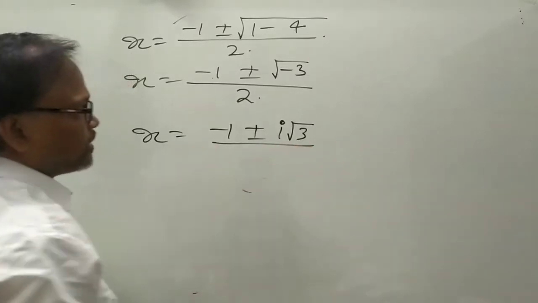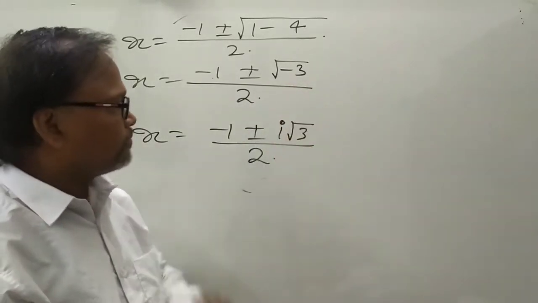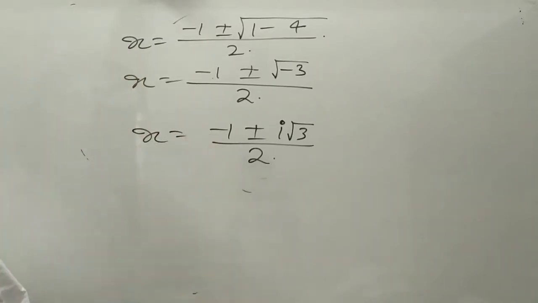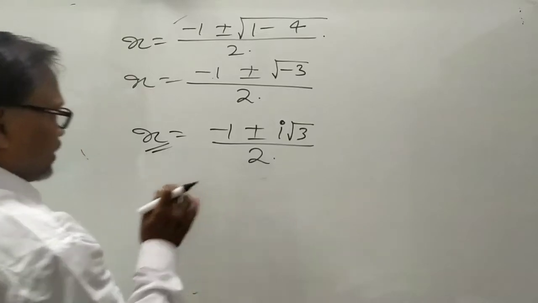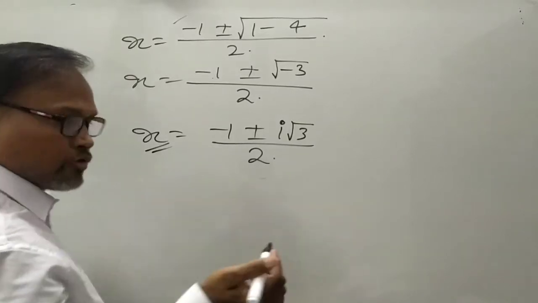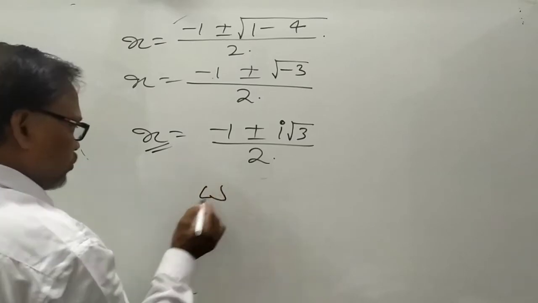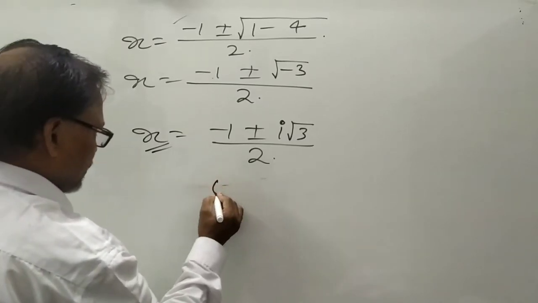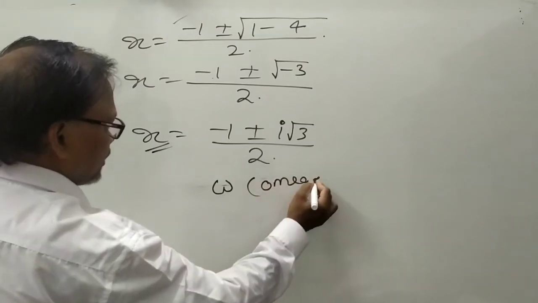I have explained in the first part of the video how to write this part. This is the cube root of unity also, because x is known as a cube root of unity. We represent it by omega.